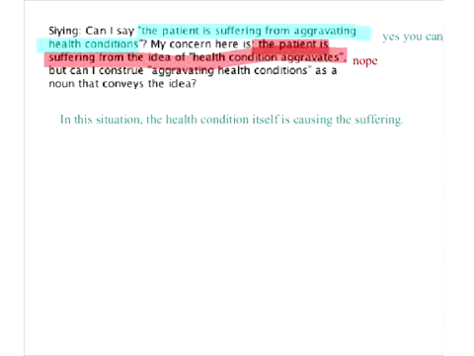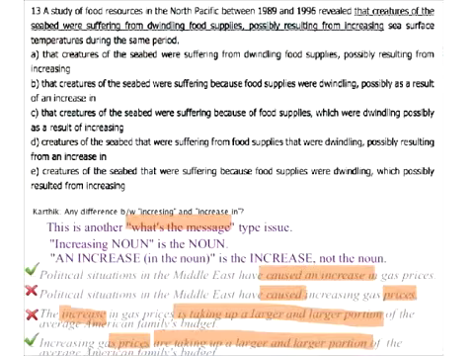There's a couple other people typing stuff. Katie, no, because that's still the supplies. Even though the supplies are dwindling, the supplies are not causing the problem. It's kind of like the second sentence out of these four, in response to Katie's question.